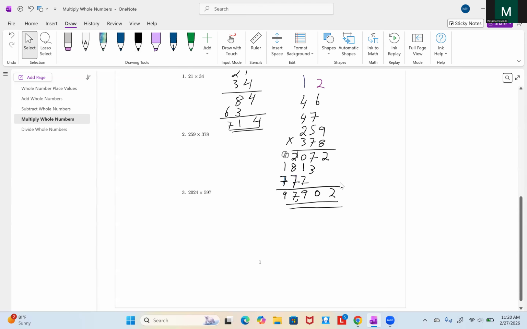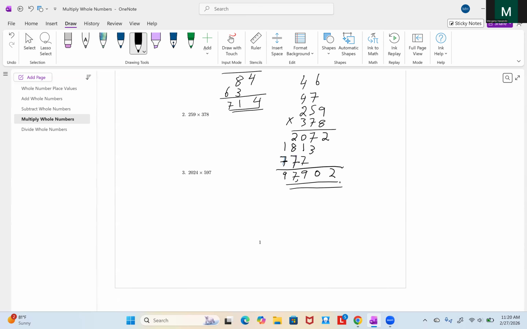So now let's look at another example. Let's multiply 2024 by 597. Seven times 4 is 28.